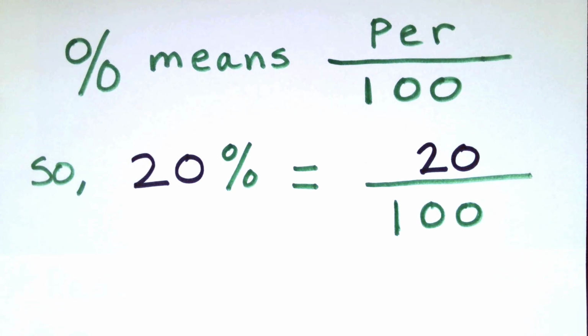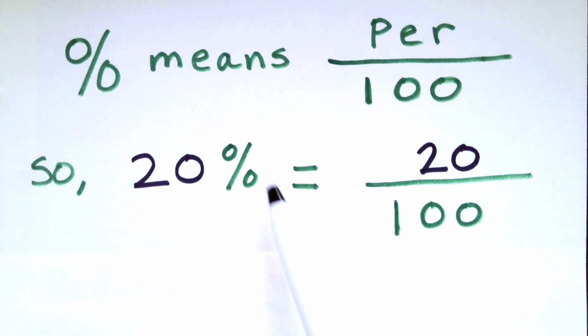So here you can see, 20% means 20 per 100. Another way to write that is 20 over 100, right? We've just converted a percent, 20%, into a fraction, 20 over 100.